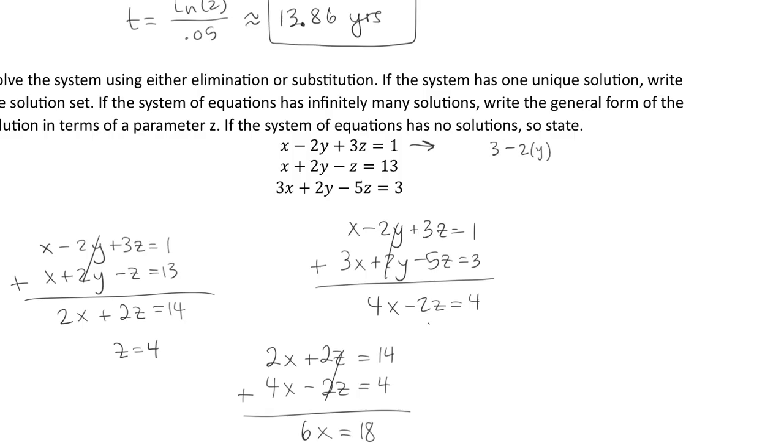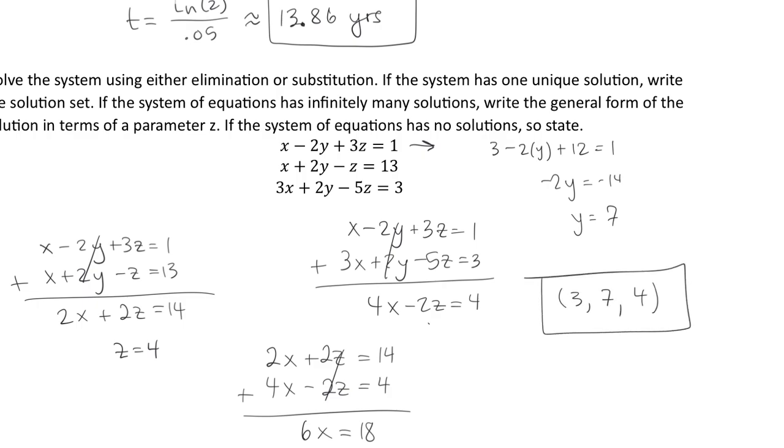We now know z is equal to 4, so 3 times 4 is 12. So 3 plus 12 is 15. If we subtract 15 from 1, we get negative 14. So we have y is equal to 7. So x is 3, y is 7, z is equal to 4.